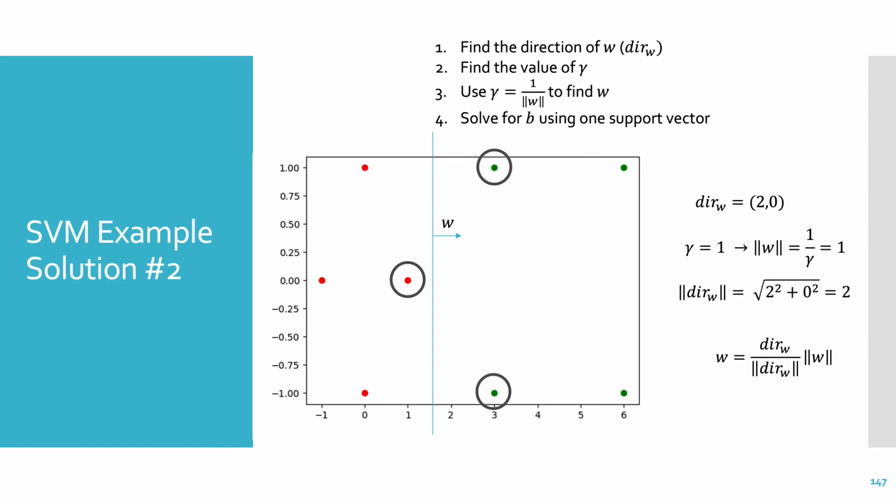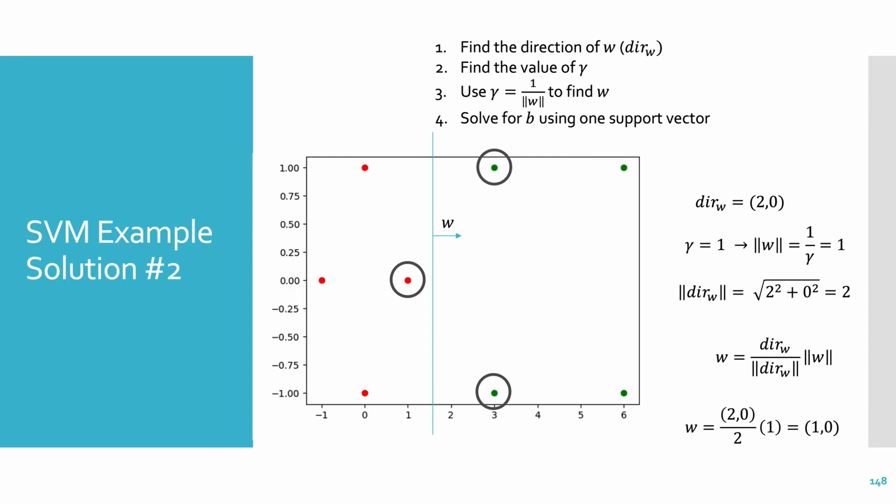If we assume that the direction of W is 2, 0, our margin doesn't change, so the length of W is still 1. Now, the length of the direction of W is 2. So we take the direction of W, divide it by the length of the direction of W, and that gives us 1, 0. And then we multiply that by the length of W, which is 1. So W is 1, 0.